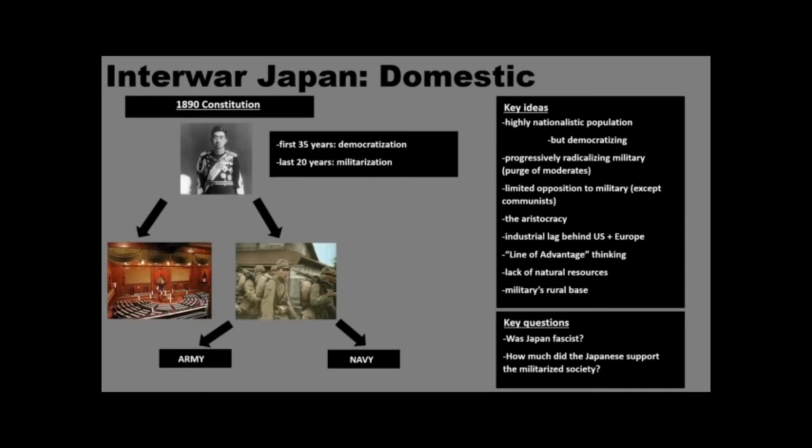So yeah, democracy effectively collapses into military rule, despite the fact that the civilian government is still technically officially in charge of civilian matters, and that the emperor is still above everybody.